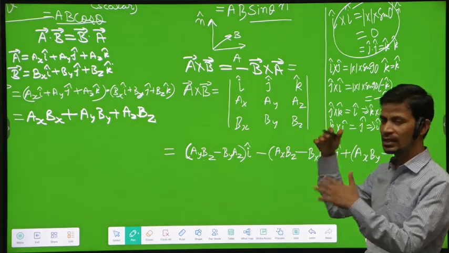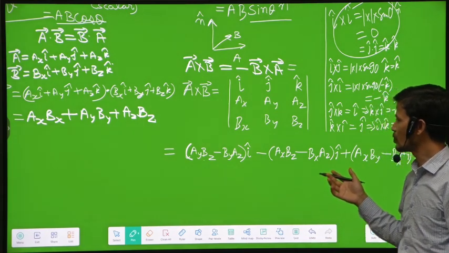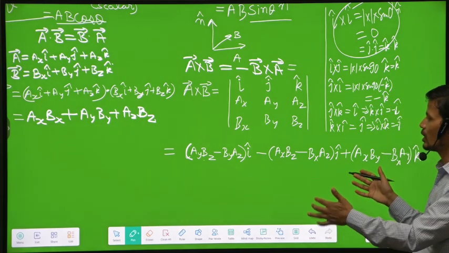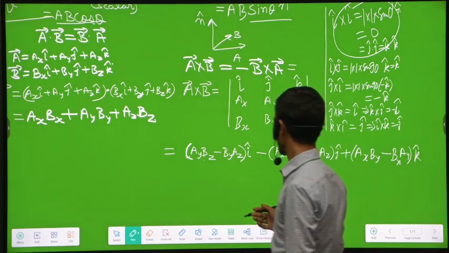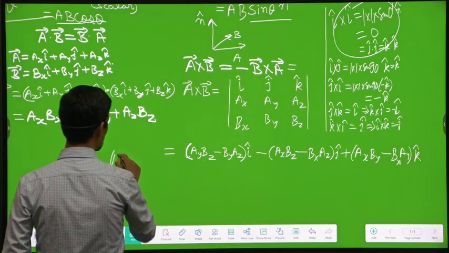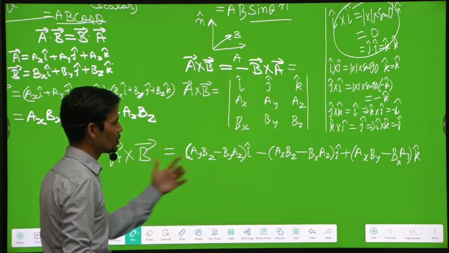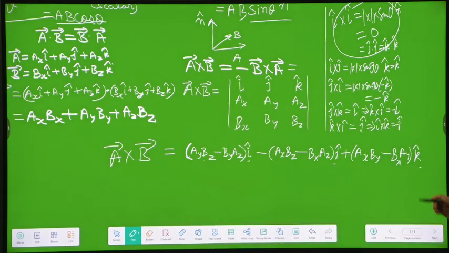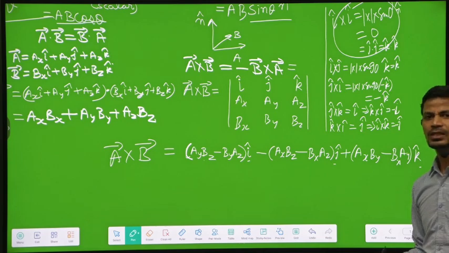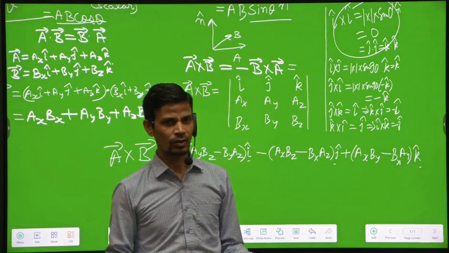Actually, it has a certain different meaning, but here it is for us to arrange these 6 quantities in this manner. And that's all. This is a cross b. If there is a numerical value, we can find the answer, and you can see i, j, k. So it is totally a vector quantity in the end.